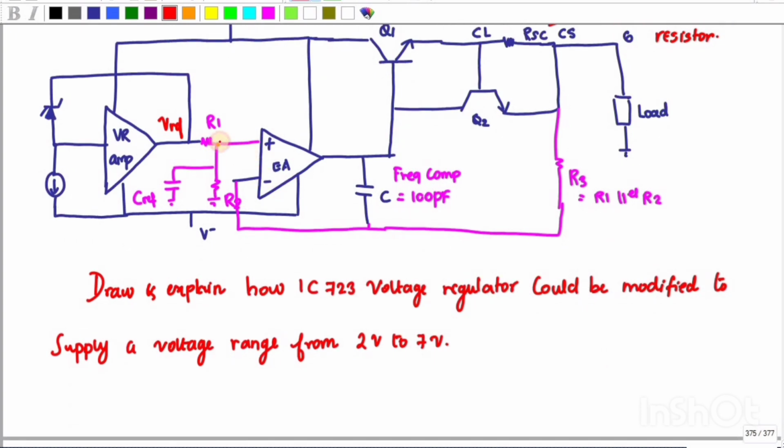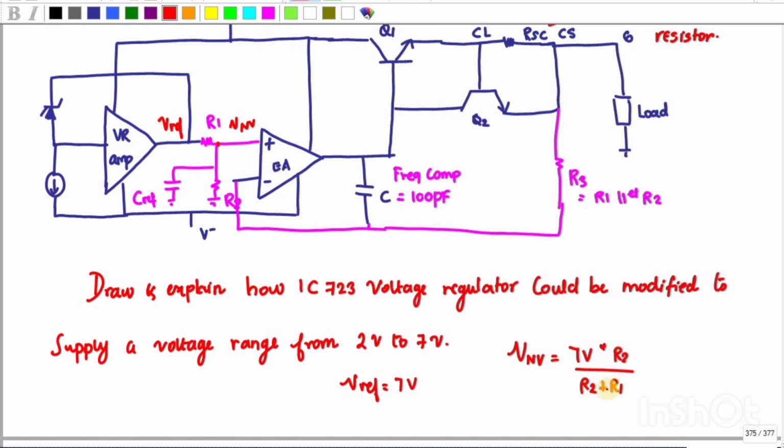What is the voltage at this point? At this point I can write this is V non-inverting. So the V non-inverting voltage is nothing but, here V reference is 7 volt, so 7 volt into R2 divided by R2 plus R1.